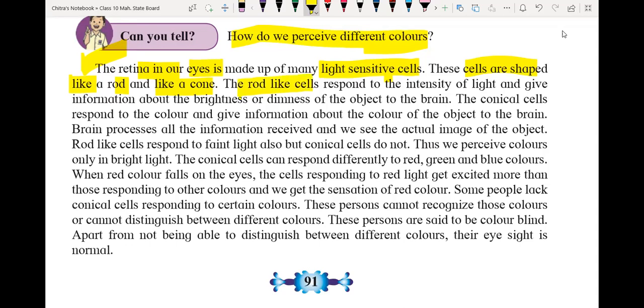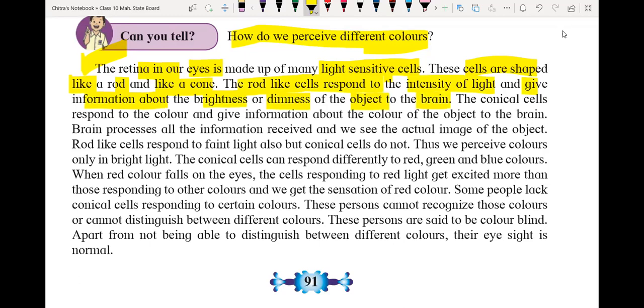The rod-like cells respond to the intensity of the light. The rod-shaped cells of the eye help to sense the intensity of light and give information about the brightness and dimness of the object to the brain. Very important.